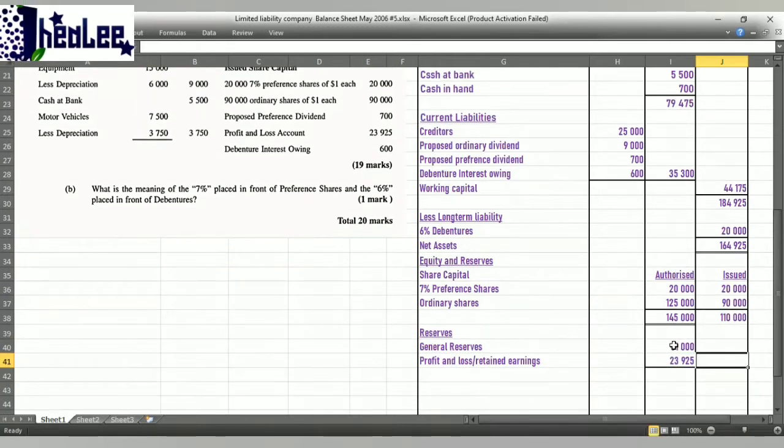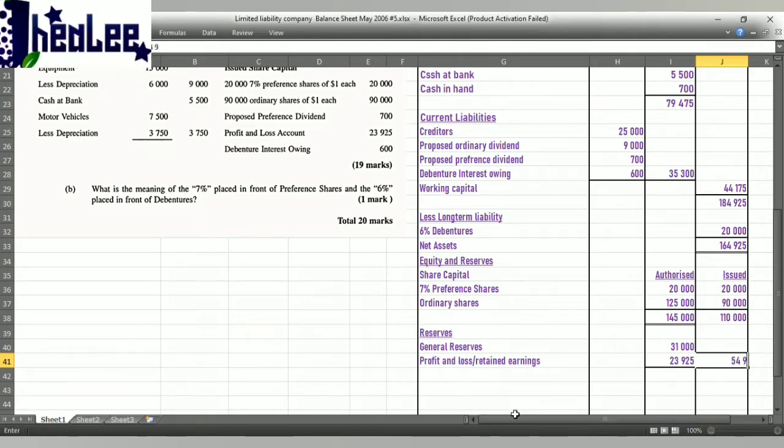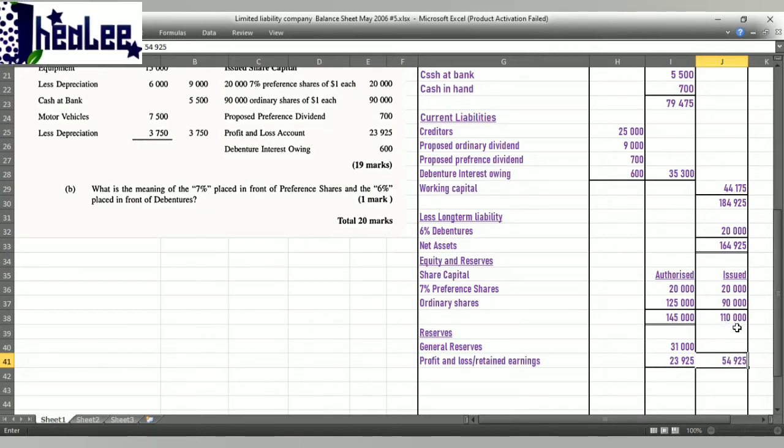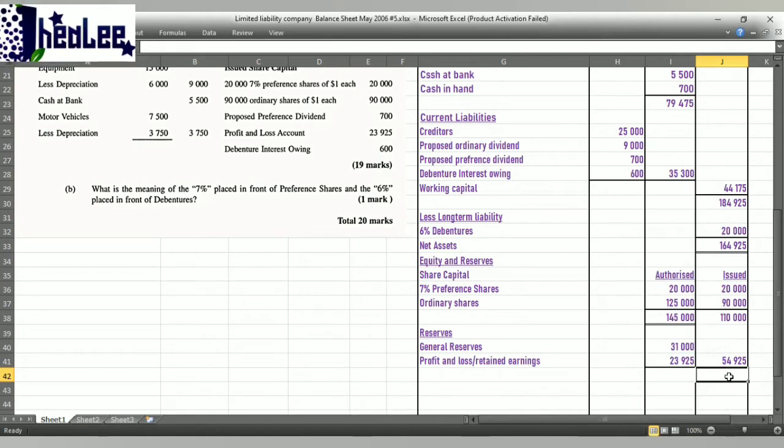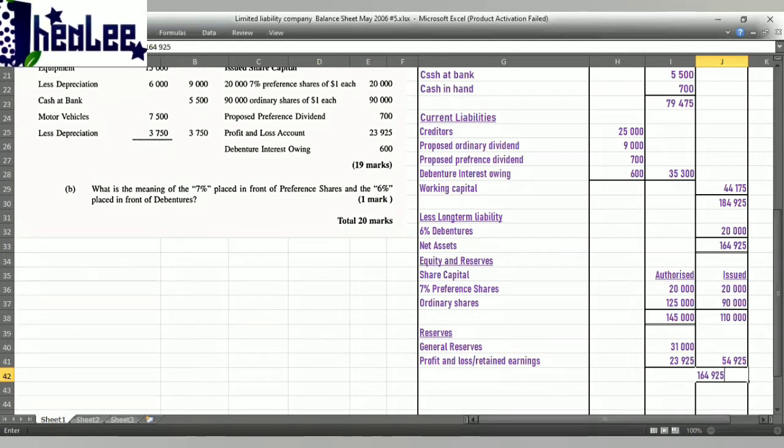23,925. We're going to add these two reserves together, 31,000 plus the 23,925, and that gives us a total of 54,925. This total reserve is then added to the 110,000 worth of the share capital, and that gives us 164,925.